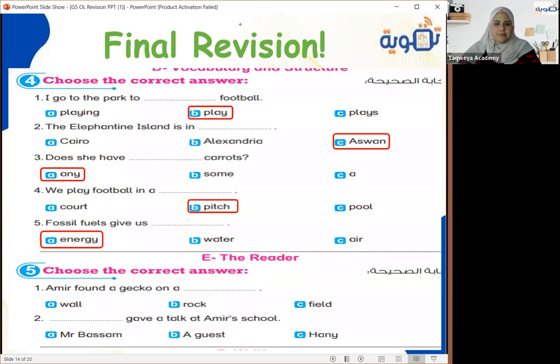Then later on, in number 5, that's about the story. Our story in grade 5 was Amir and his lizard, Lizzie. Question 1, Amir found a gecko on a rock when they went on the field trip with Hani. Number 2, who gave a talk at Amir's school?